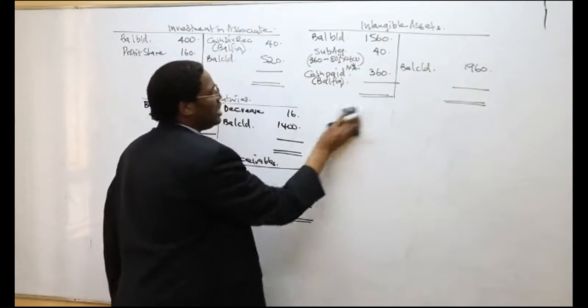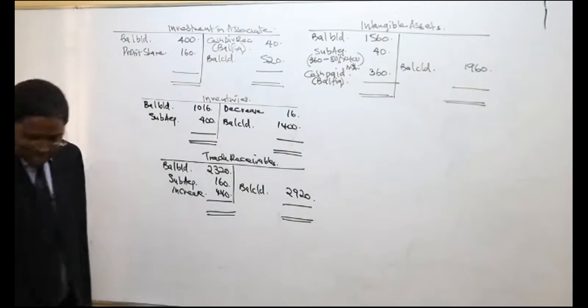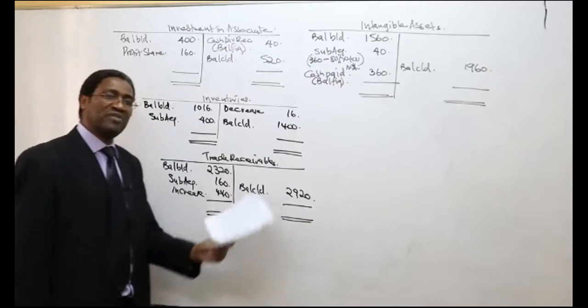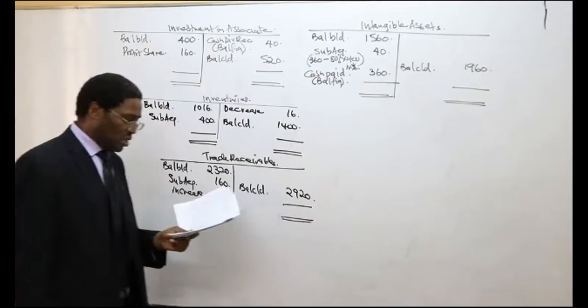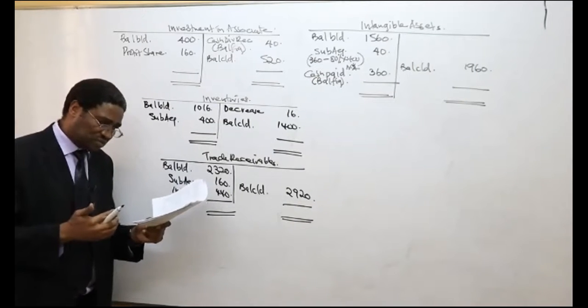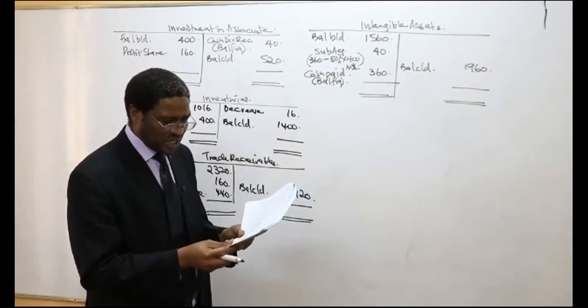That's one. If you are given an investment among the fixed assets in your balance sheet, then in your cash flow, analyze it among the investing activity items. So we shall leave that one for now. We shall analyze it together with the cash.